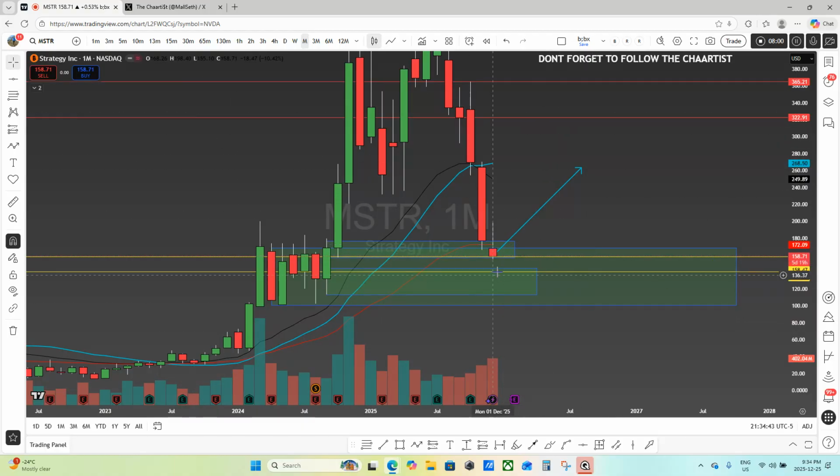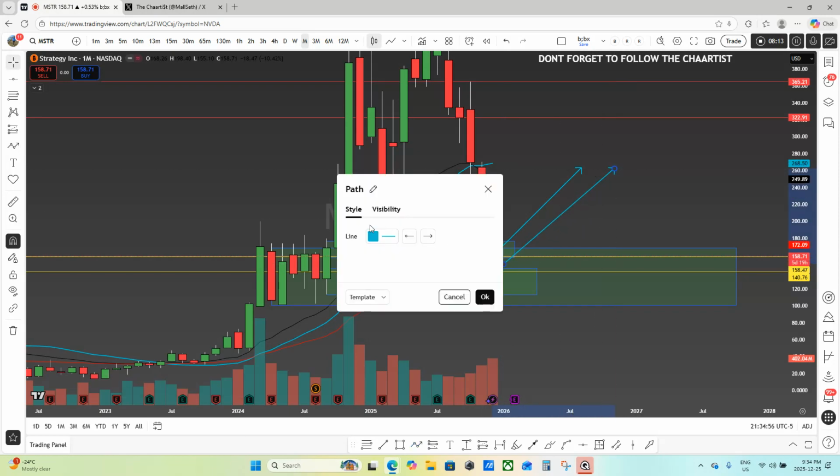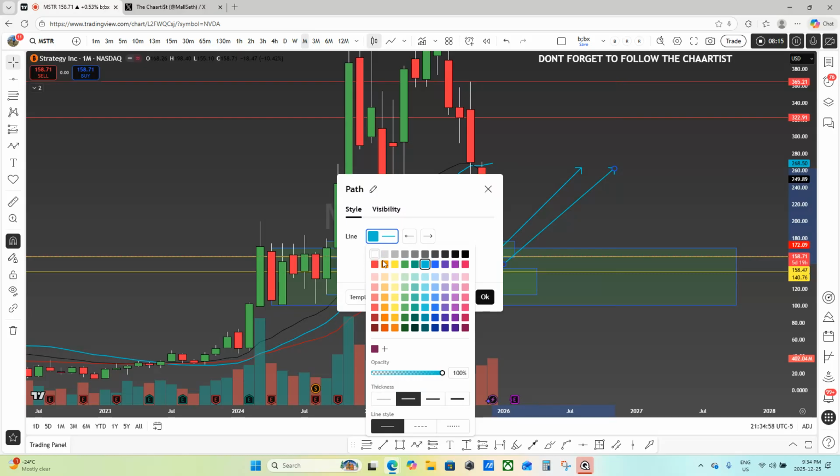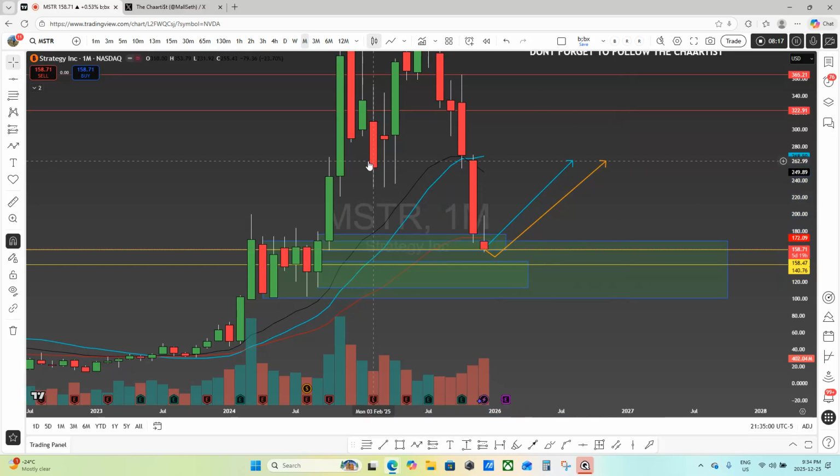Now, probabilities: it can move up from here, or I'm drawing all the probabilities and I'm going to change the colors. The second probability is it can come in the middle like this and then go up. I'll change the color of this to orange. The third possibility is that it can come down and hit here.